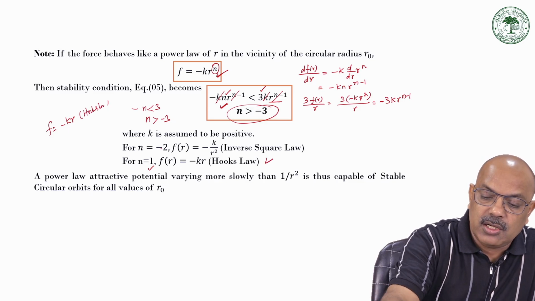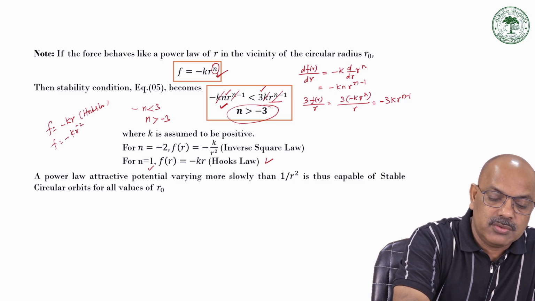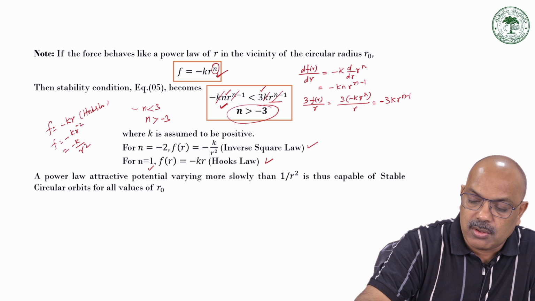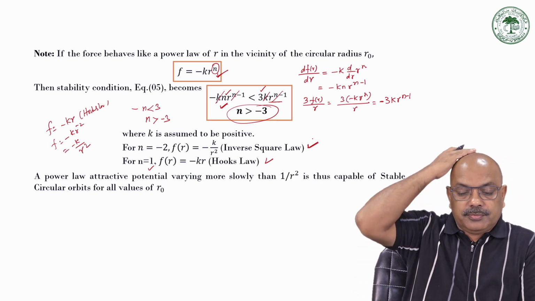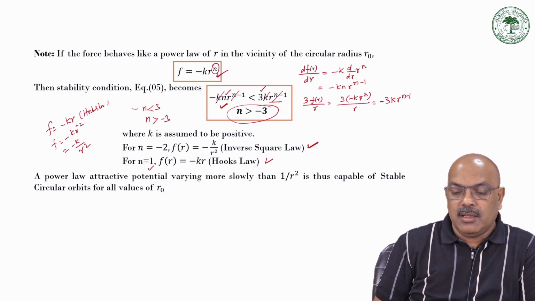And if you put n equal to -2, f is equal to minus k r to the power -2, that is minus k by r square, this is going to be the inverse square law. So for n greater than -3, this is going to be a closed orbit and stable orbit.